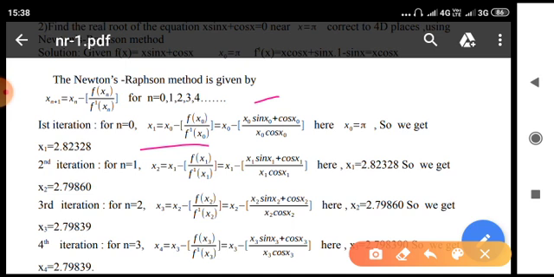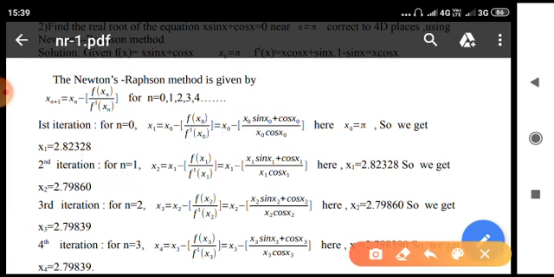Here x naught is pi. Students, also we have to remember one more thing. The given equation contains a trigonometric function, so we have to use the calculator in radian mode. So when you substitute x naught as pi in this equation, we get x1 as 2.82328.